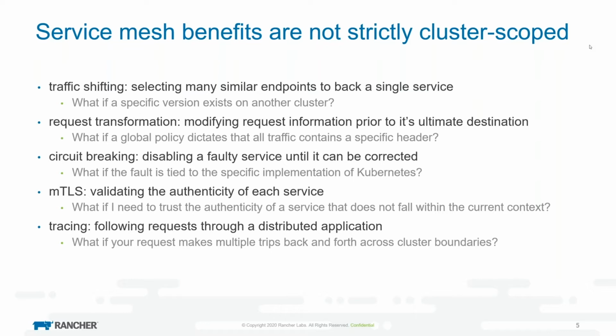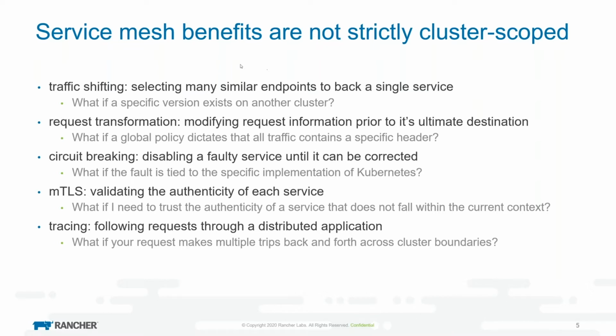What if I need full fault tolerance across all of my data centers? What if I need an application to be 100% uptime and I need the application to live in cluster A, cluster B, and cluster C, regardless of where they are?